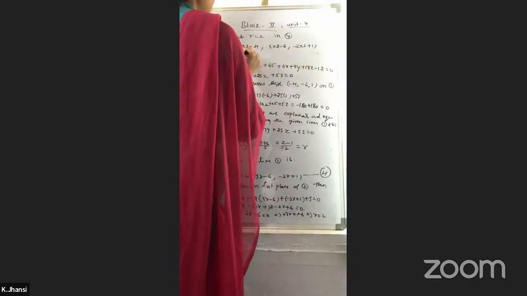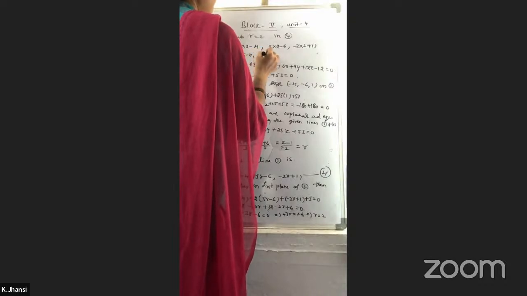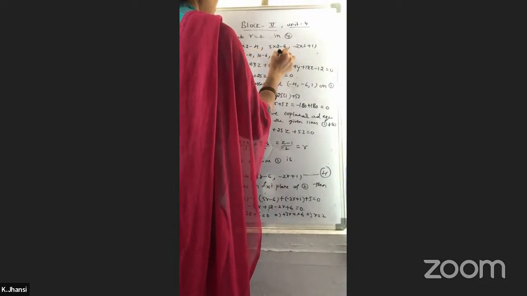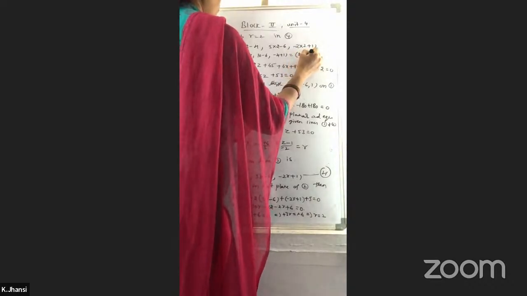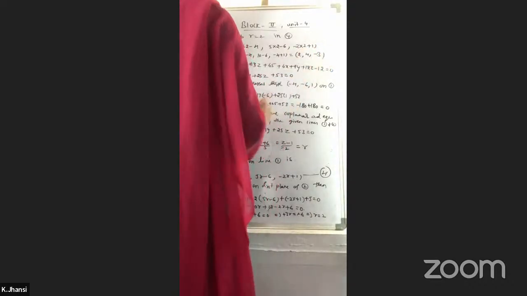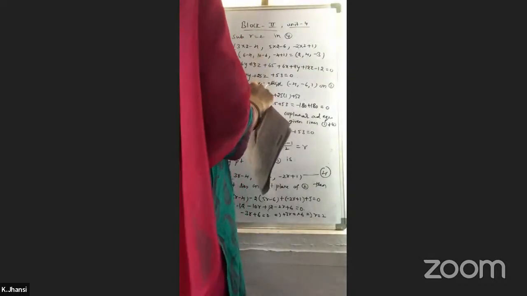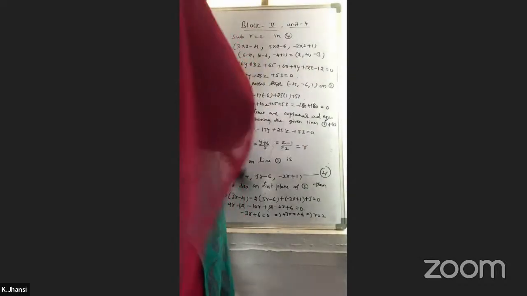So 3 into 2 is 6 minus 4, 10 minus 6 minus 4 plus 1 is equal to 2, 4, minus 3. Okay, (2, 4, -3) is the point of intersection for the two given lines.